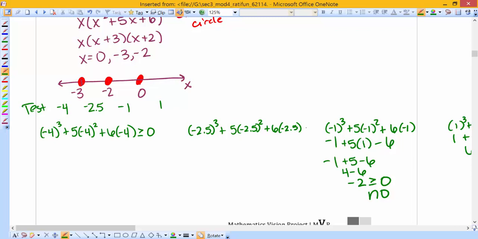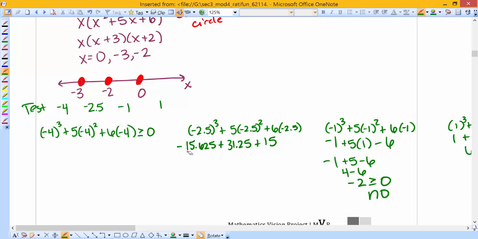Cubed is 15.625. 2.5 squared times 5 is 31.25. And negative 2.5 times 6 is 15. So when I add all of that up together, I have my negative 15.625, plus 31.25, minus 15.